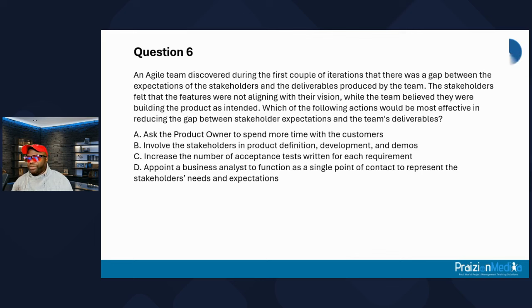A. Ask the product owner to spend more time with the customers. B. Involve the stakeholders in product definition, development, and demos. C. Increase the number of acceptance tests written for each requirement. D. Appoint a business analyst to function as a single point of contact to represent the stakeholders' needs and expectations.